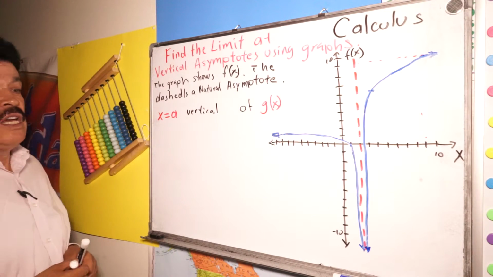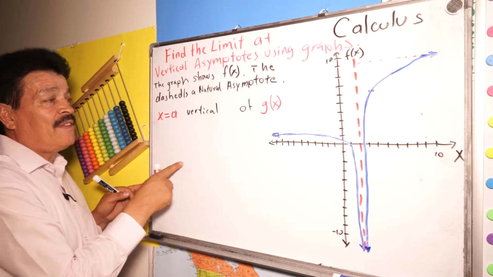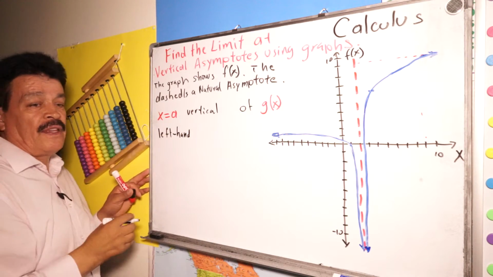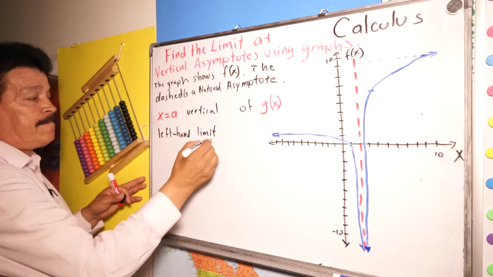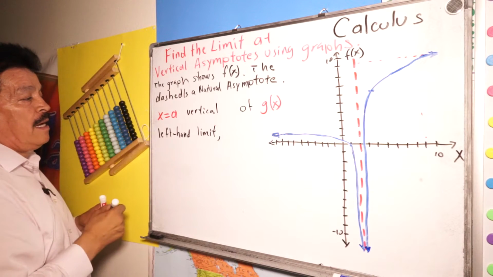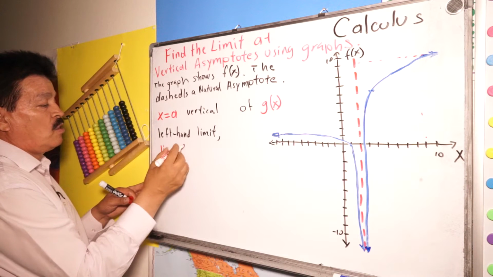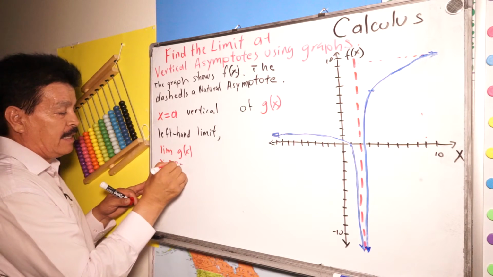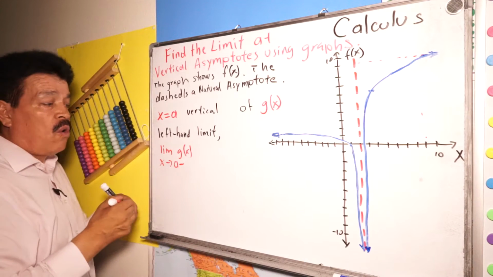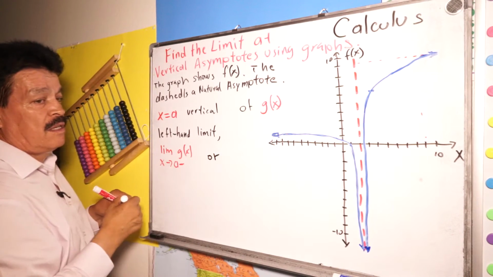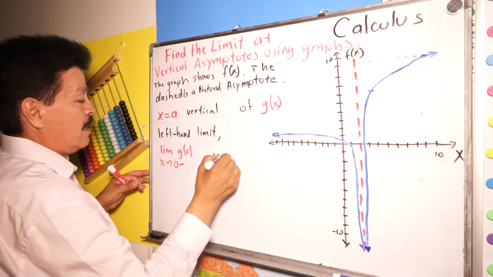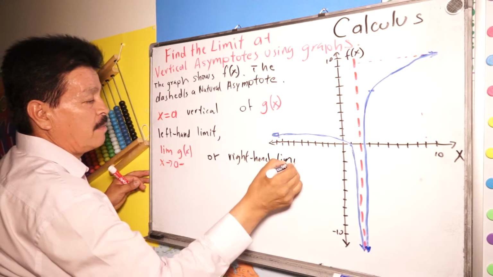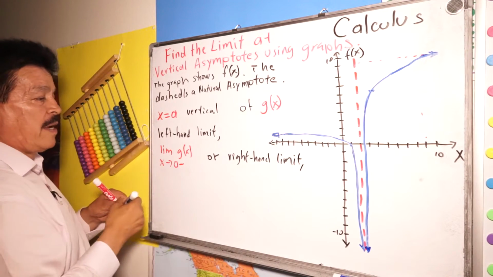If at least one of the left-hand limit or the right-hand limit, which you write like this: the limit of g of x as x approaches a from the left, or from the right, is in this way.